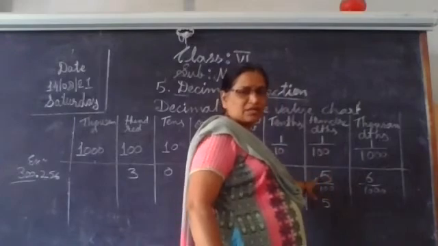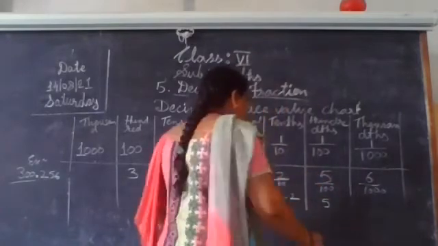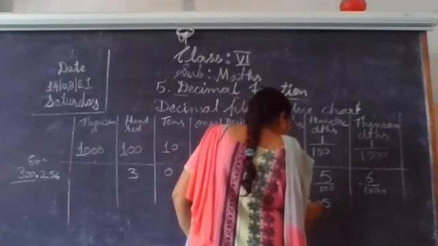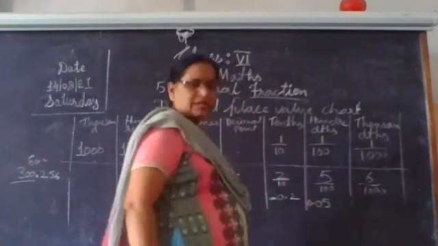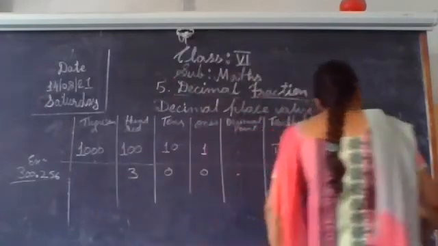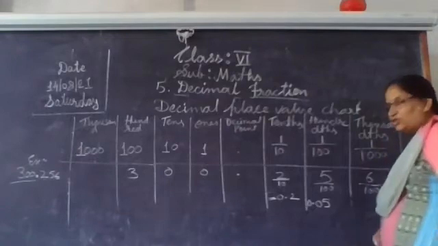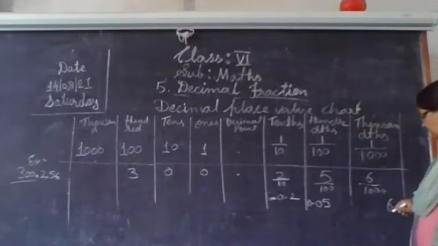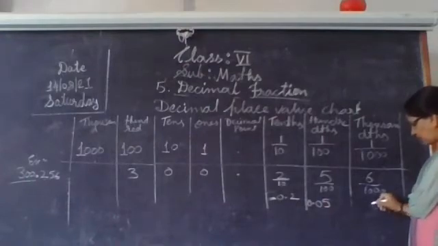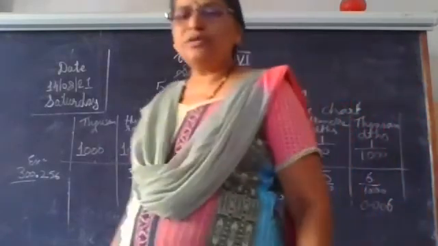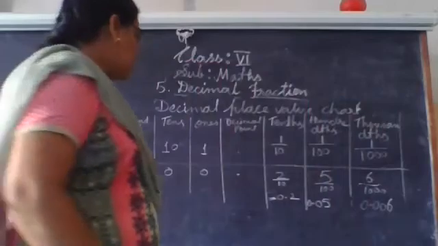Second place is there, so you can put the 0. So write down 6 as it is. 1000 has 3 zeros, so you have to place the decimal point after 3 places. So it is what, beta? 0.006. Okay, let's see one more example.